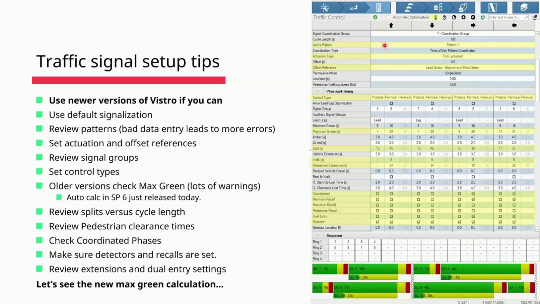So just be on the lookout. If you're using patterns and going to Vissim, make sure they're updated and all the errors are worked out first, because Vissim will tell you if it's not. And you'll see that in a little bit.